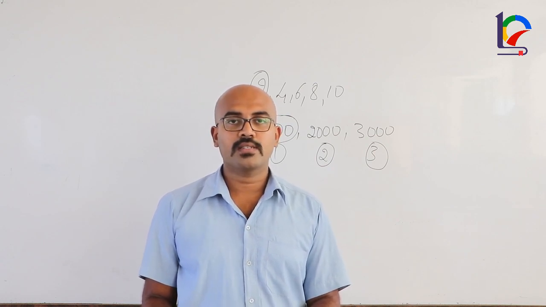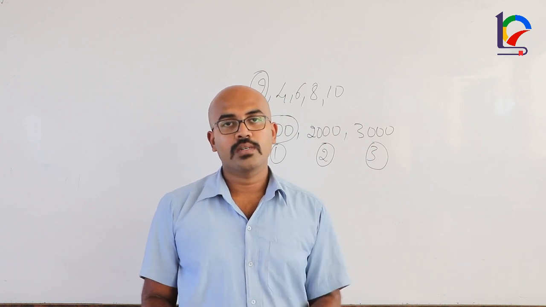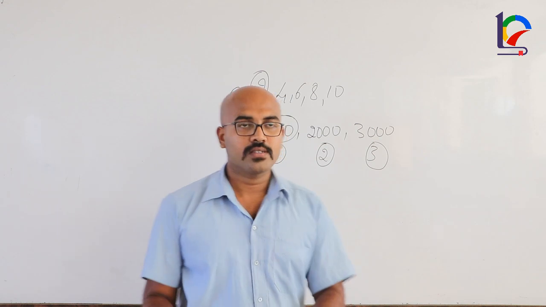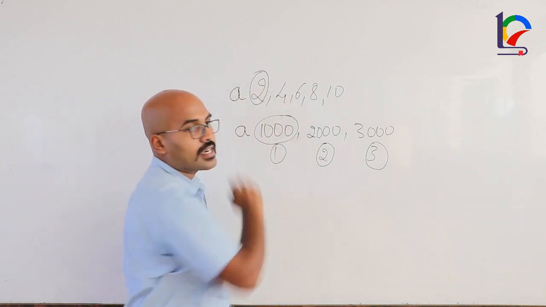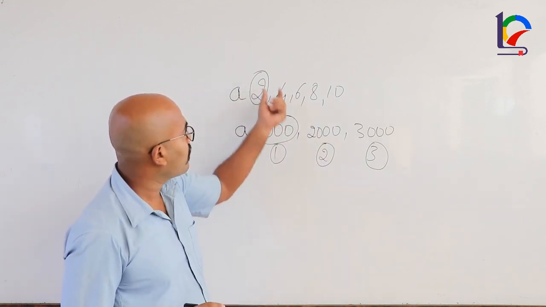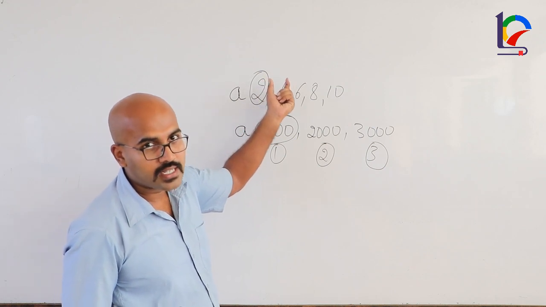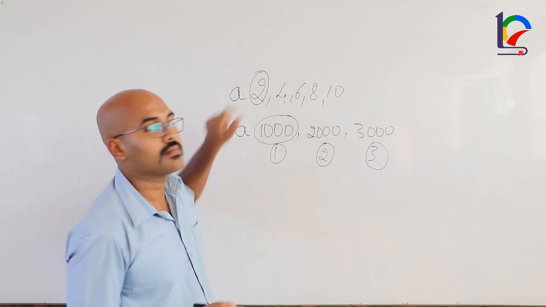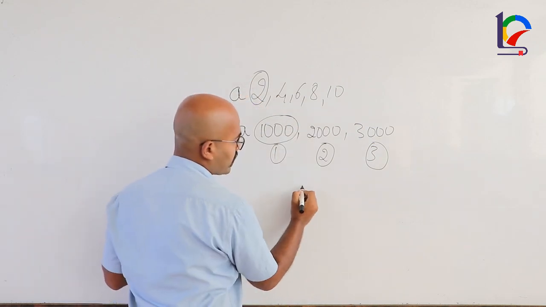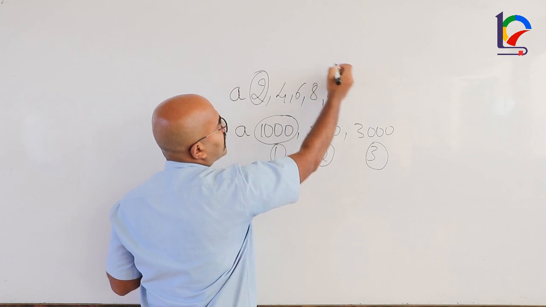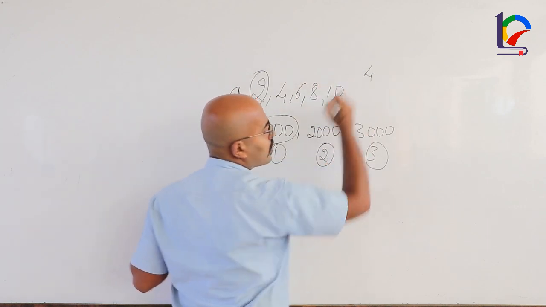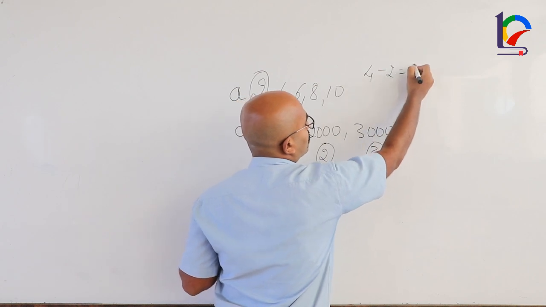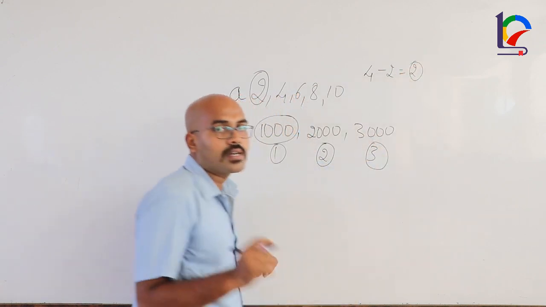Difference is nothing but the difference of 2 numbers. Here the common difference is the second term minus the first term. So in the first case, the common difference is the second term 4 minus the first term 2. So the common difference is 2.